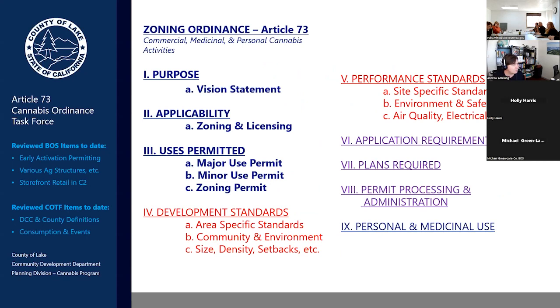As we wait for our zoning, licensing, and permit types to move through other bodies for recommendation, eventually for final approval by the Board of Supervisors, we've started to dive into development standards, performance standards, and, last meeting, an overall review of Article 27, which you can see mixes application requirements and plans required, as well as the permitting process and administration. It's all jumbled and mixed together in our current ordinance.